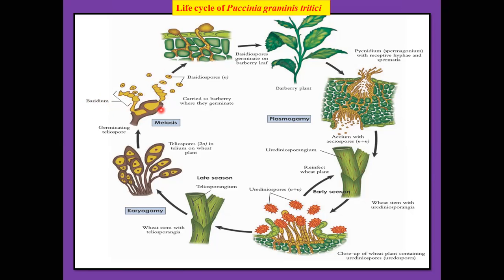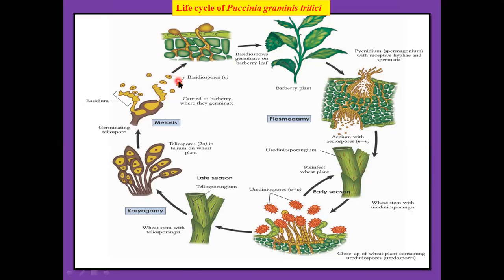Okay, these basidiospores are liberated from this wheat plant but cannot directly land on the barberry plant, because this wheat crop is already harvested, and during the hot climate these basidiospores cannot survive.